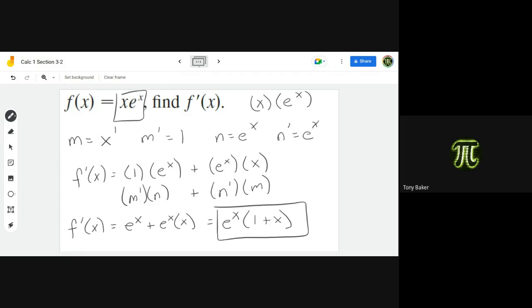Where does 1 plus x come from? I pulled out the e to the x. I factored it out. So this would be just 1 because I pulled it out, and that would be just the x.